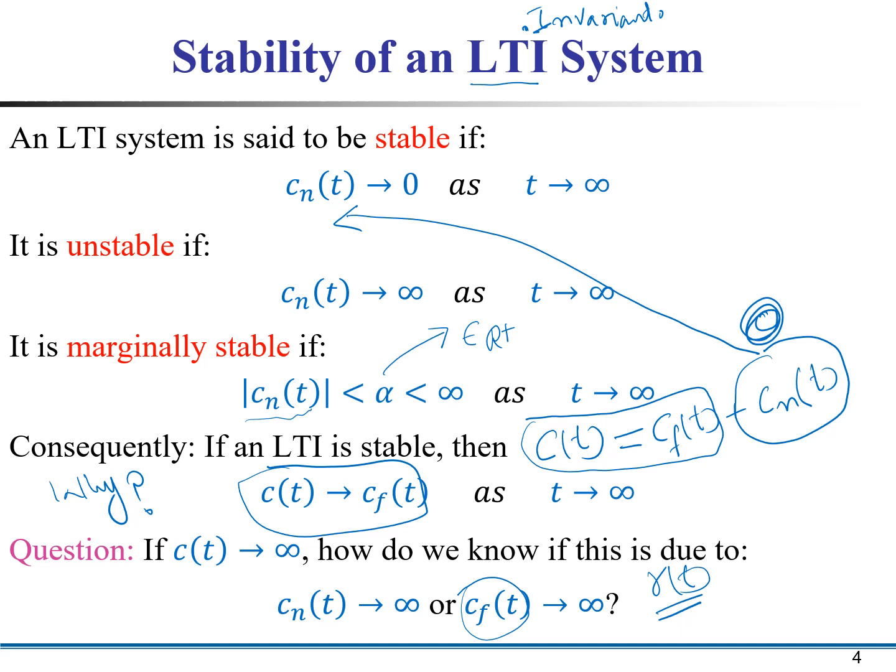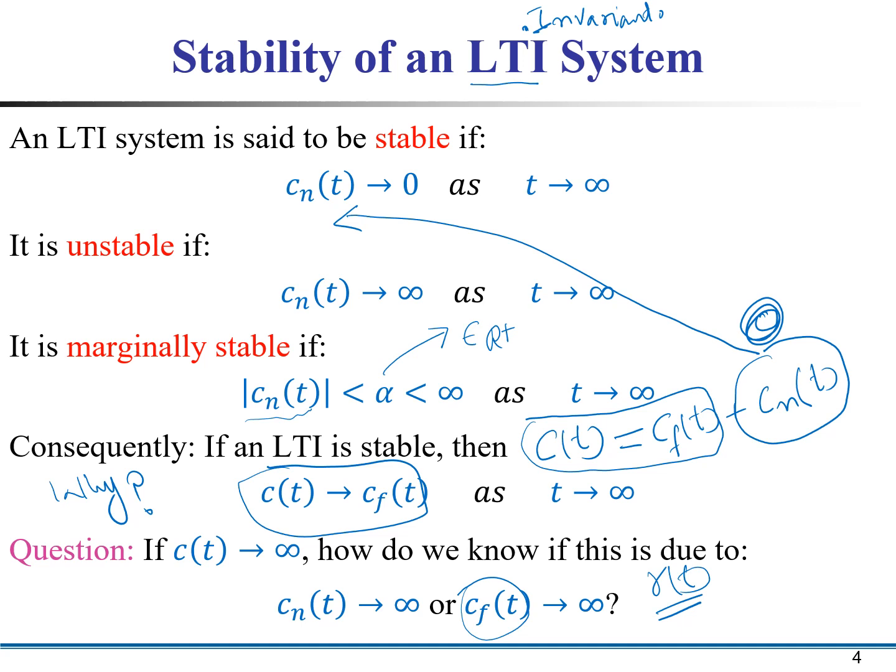And in nature, whenever we give input to the system, it is bounded. So it cannot become infinity in finite time, or whenever r(t) is bounded, this means c(t) will remain bounded.